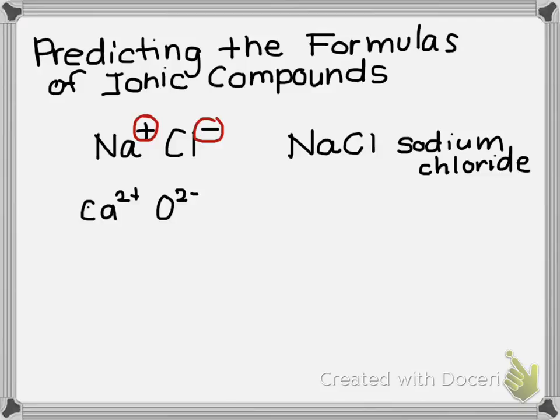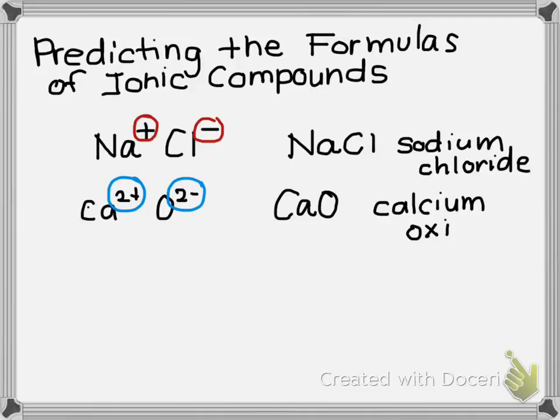So again, looking at the charges, you have a 2 positive here and a 2 negative there, numbers that have the same value. So it's going to cancel out if we just have one of each. So it would just have one calcium and one oxide ion, and that would be CaO. We call that calcium oxide.